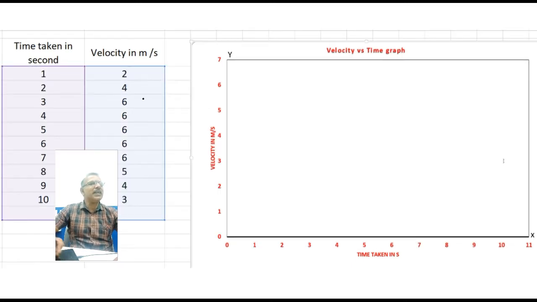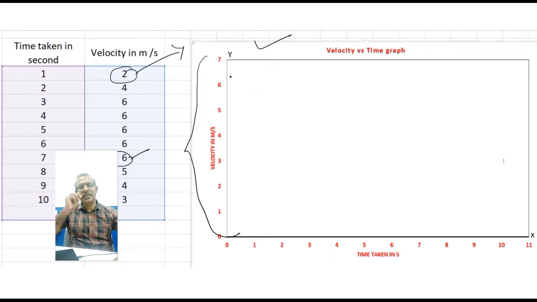Now this entire time as well as velocity, if we start plotting the graph on x and y axis, you can see the minimum value of velocity is 2 and the maximum value of velocity is 6. So our distribution on y axis is from 0 to 7.